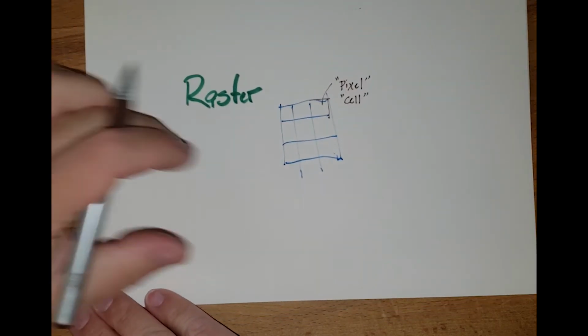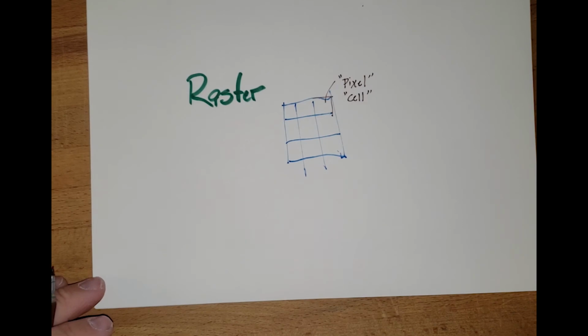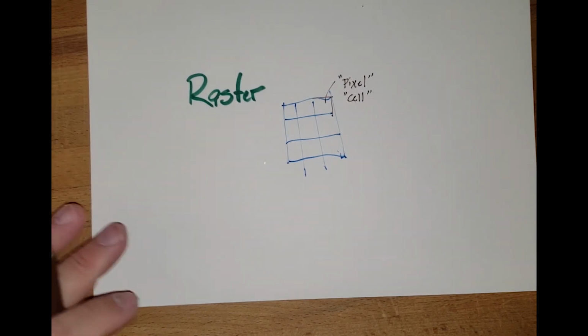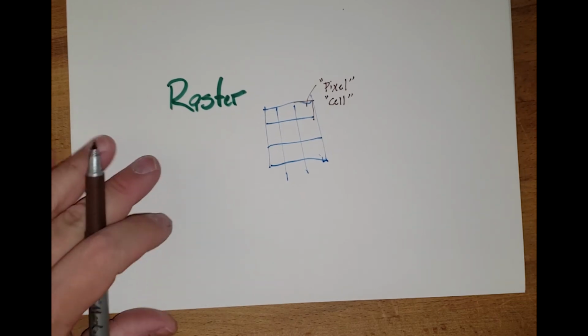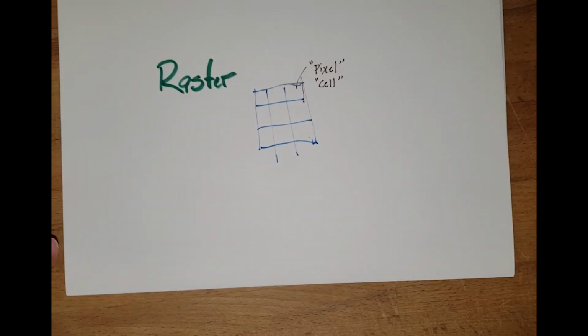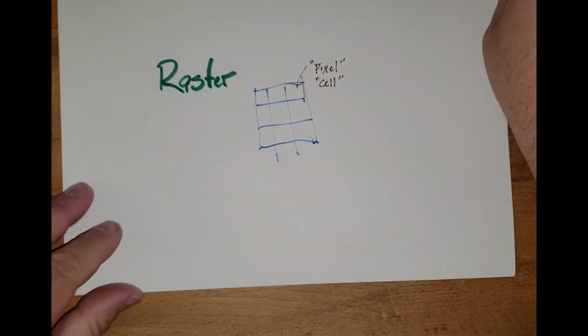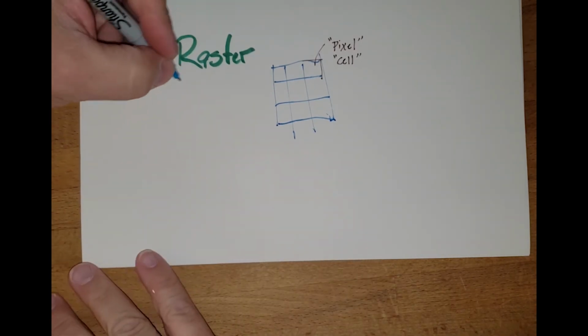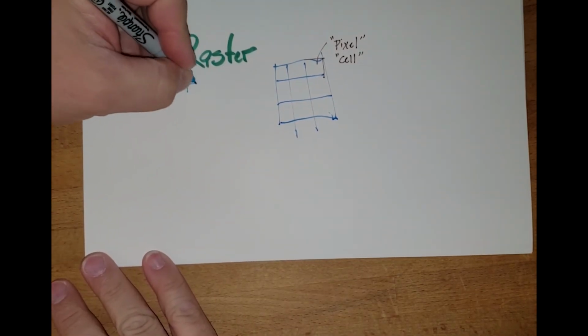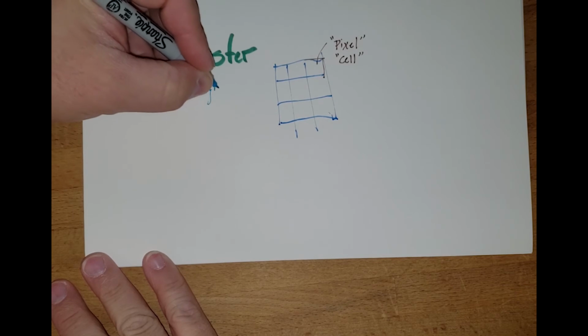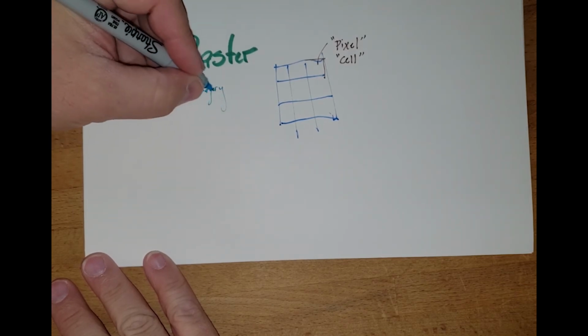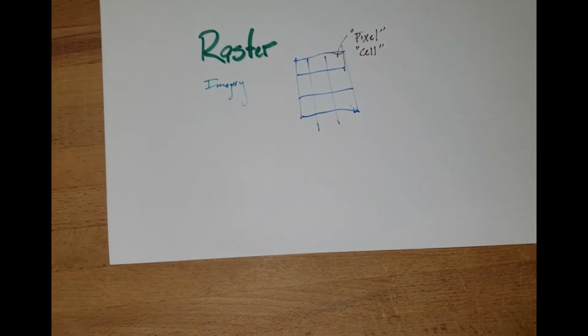Okay, now each one of these pixels is going to have a specific value, and that all depends on what is being stored in there. One very common way that raster data is stored is in the use of imagery. So if we have an airplane or a satellite fly over, imagery is going to be one of our common ways of doing that.